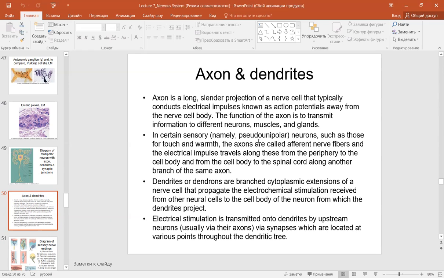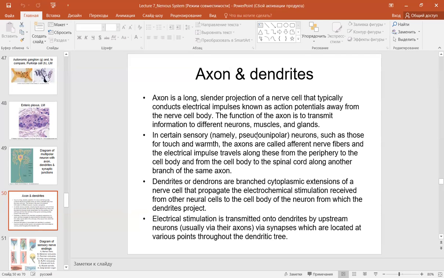In certain sensory, namely pseudo-unipolar neurons, such as those of touch and warmth, the axons are called afferent nerve fibers, and the electrical impulse travels along this from the periphery to the cell body, and from the cell body to the spinal cord along another branch of the same axon.